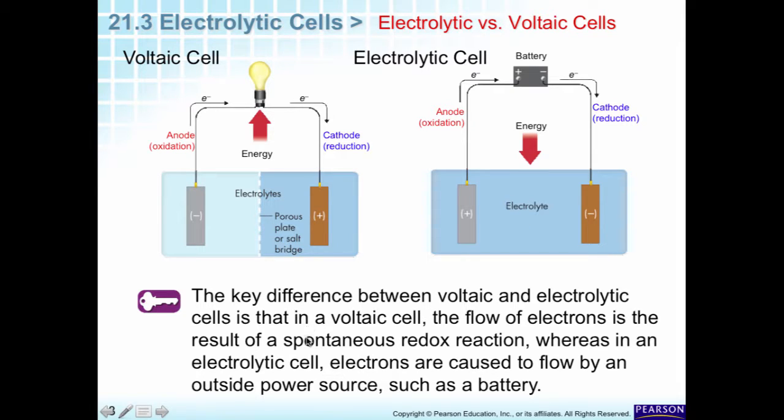As I said, a voltaic cell has a spontaneous redox reaction. An electrolytic cell has an outside power source, so it's non-spontaneous.